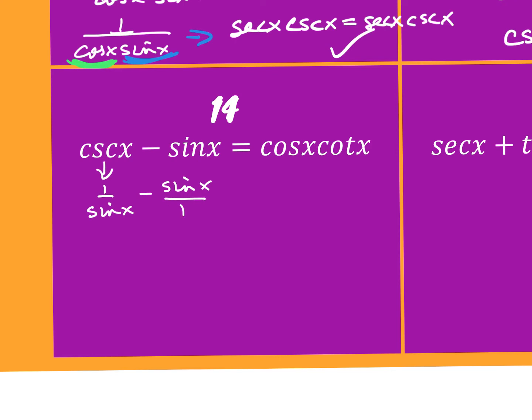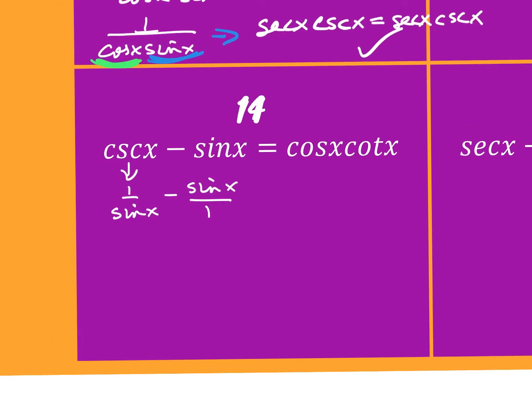But in order to subtract these, I have to find a common denominator. My common denominator is going to be sine x. So the first fraction is good to go. It already has a sine x in the denominator. But the second fraction, I need to multiply top and bottom by sine x to get that denominator of sine x. So the new numerator becomes sine squared x.